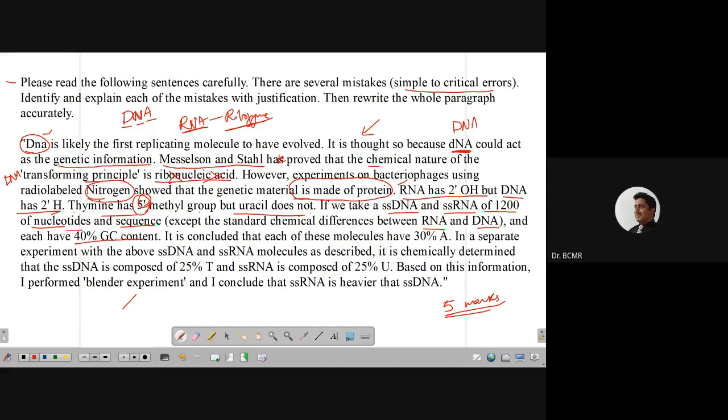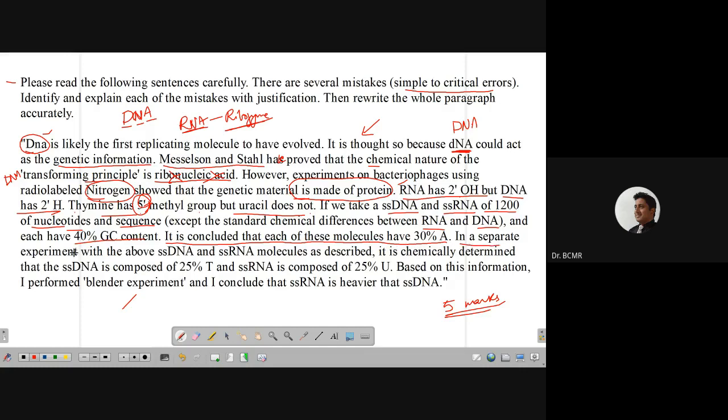It is a problem that we have already done. So I would want you to think critically and try to do it by yourselves. It is concluded that each of these molecules has 30% adenine. So you need to check out if that is right or wrong. GC content is there, so you need to check that.